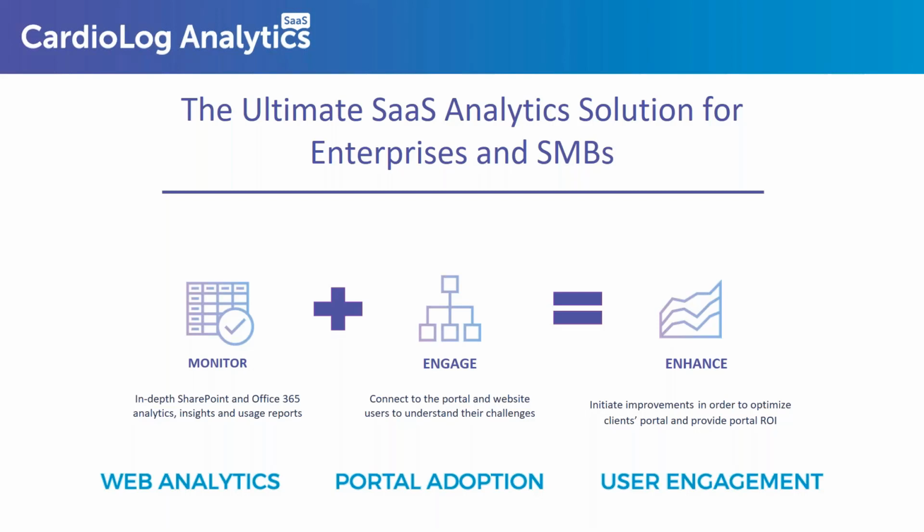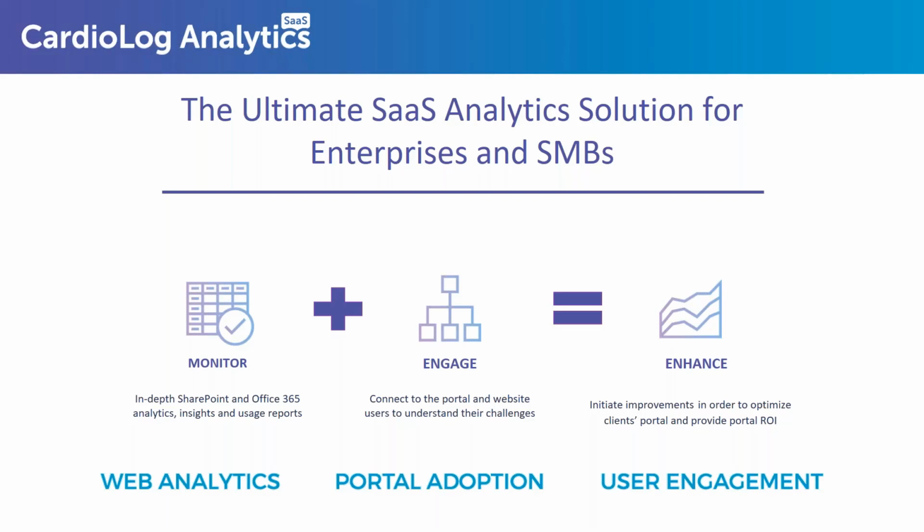Our customers realize that understanding usage analytics is often simply not enough. They wanted a way to take action based on the insights gained from monitoring their portal usage, which leads us to the second pillar, engaging users, asking them about their needs, what their pain points are, and what's not working for them.